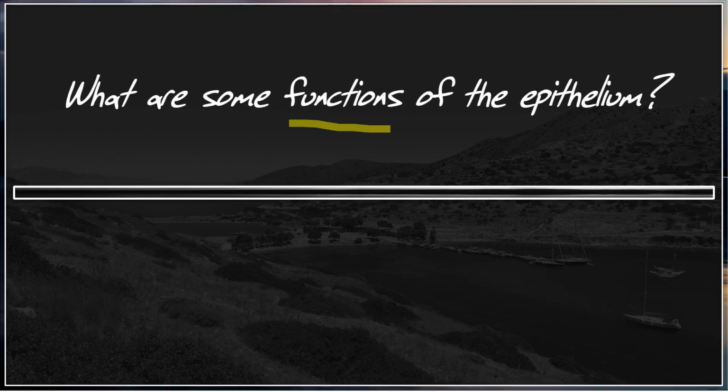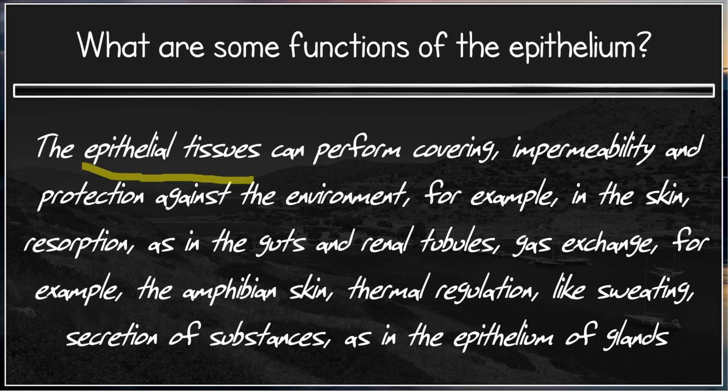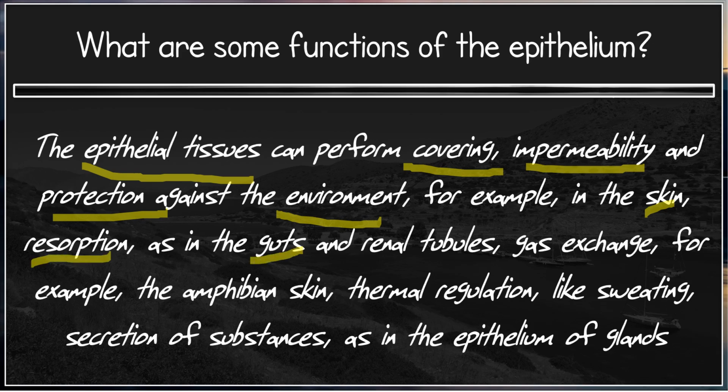What are some functions of the epithelium? The epithelial tissues can perform covering, impermeability, and protection against the environment, for example, the skin. Reabsorption, as in the guts and renal tubules.